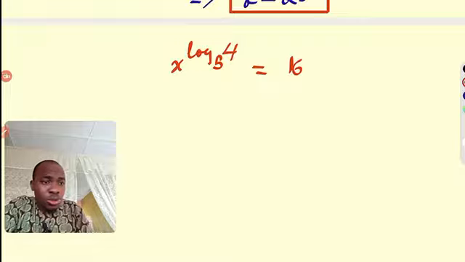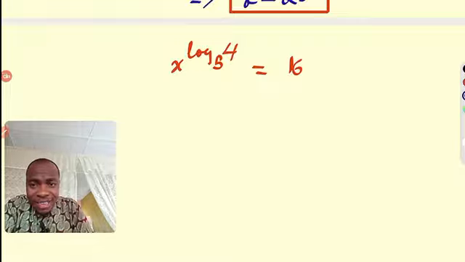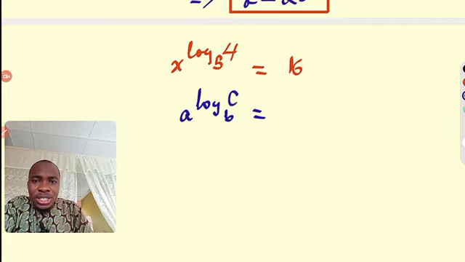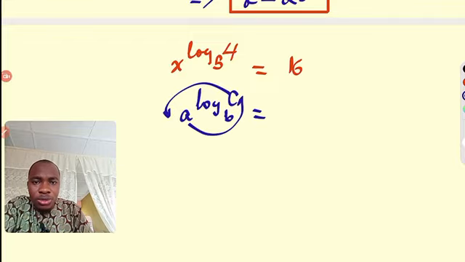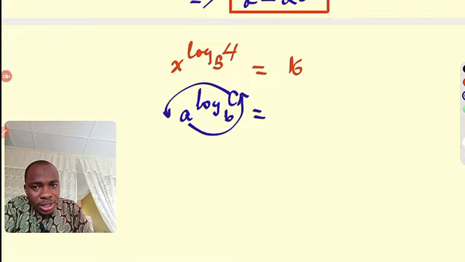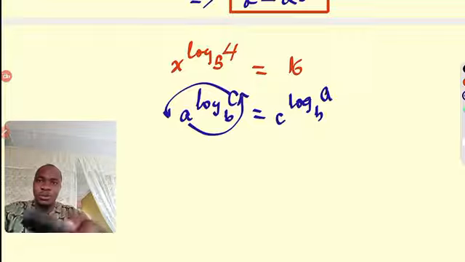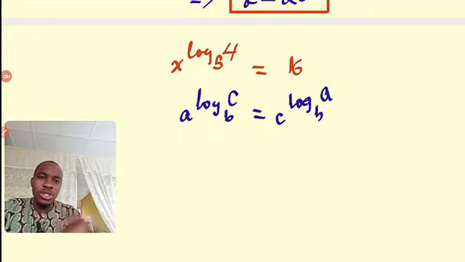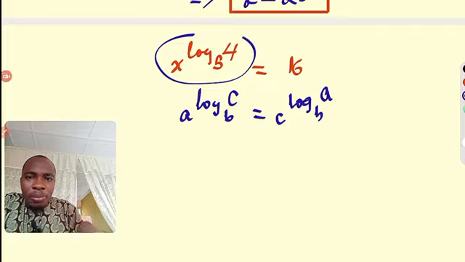I want you to know this fact: when you have a to the power of log c base b, by interchanging, the c will come down, then log base b, and a will go up. That is the law. Understood?